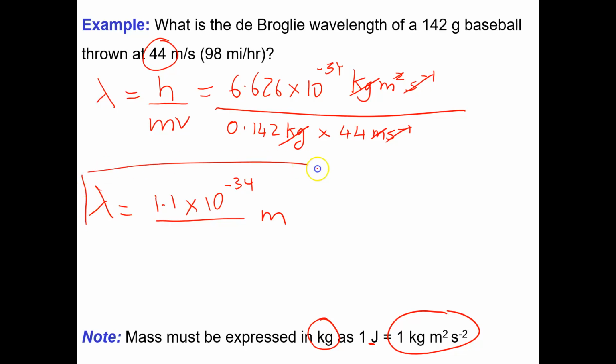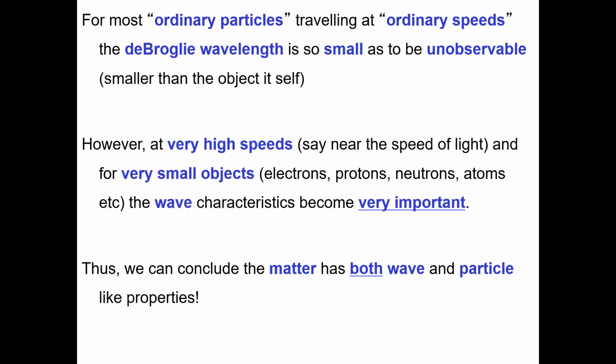And so you can see a baseball, an ordinary object moving at typical speeds, has a very small wavelength. That is, the wavelength is smaller than the size of the object itself. And so that's why we don't normally observe the wavelength of things like baseballs. So for most ordinary particles moving at ordinary speeds, we find that the de Broglie wavelength is very, very small, much smaller than the object itself, and so it is unobservable.